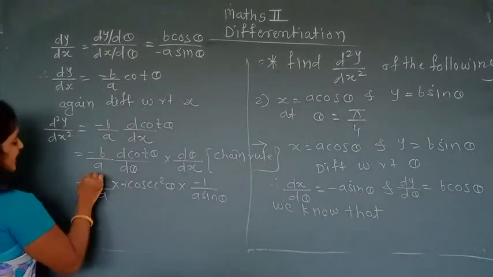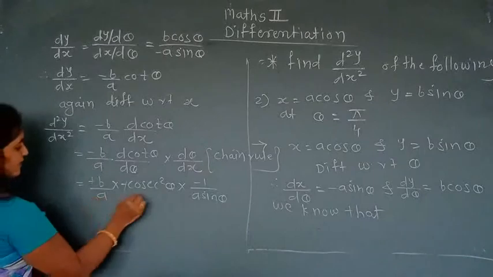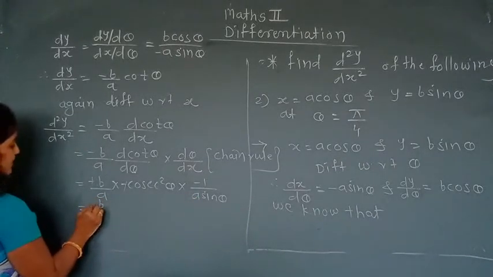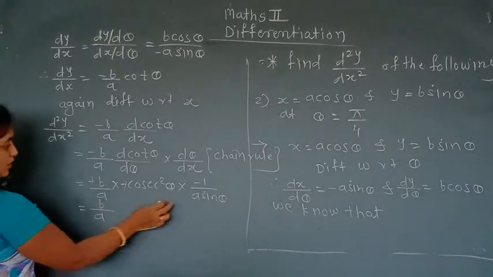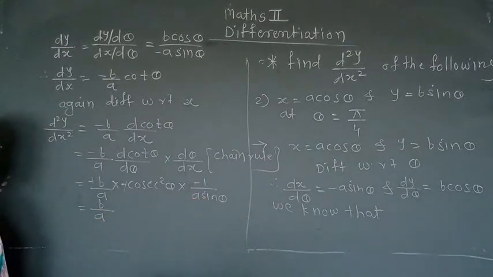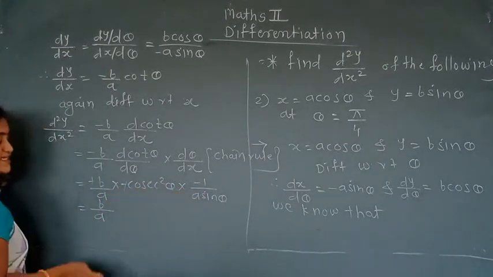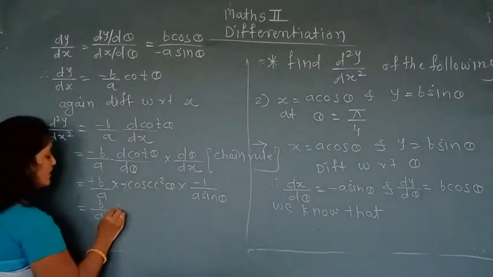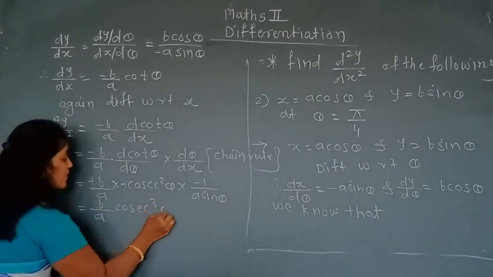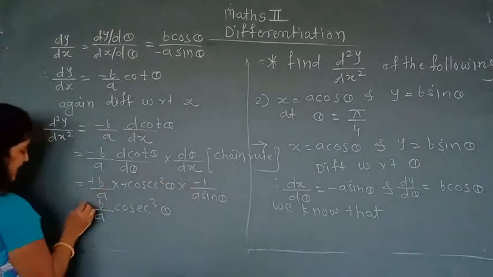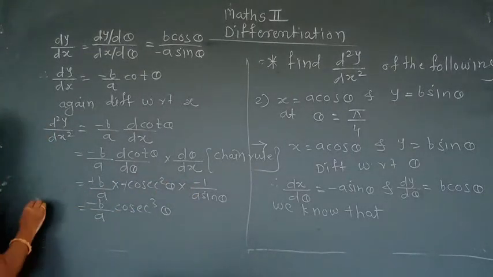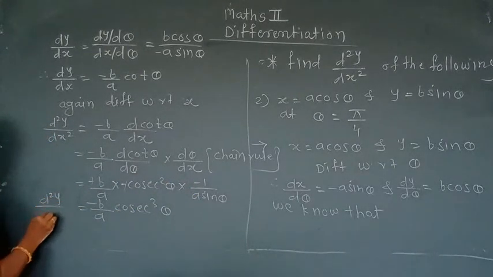Now, minus minus cancel out. Now, a multiplied by a is a square. So b upon a square. Now, 1 upon sin is cosec. So cosec square multiplied by cosec is cosec cube theta, and this minus sign here. So this is your answer for the double derivative of y with respect to x square.